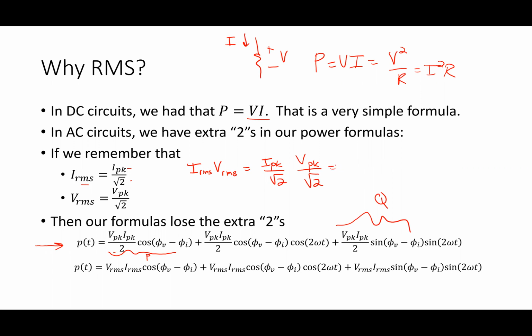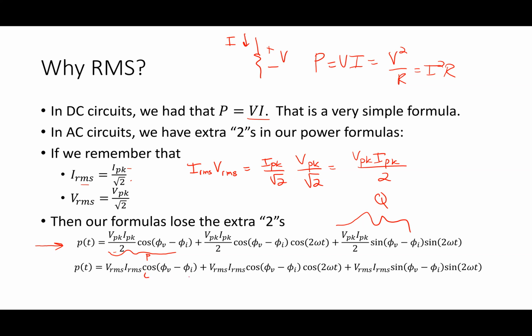What's square root of 2 times square root of 2? 2, right? So basically the formulas lose that over 2 situation. That over 2 goes away if I use V RMS and I RMS.